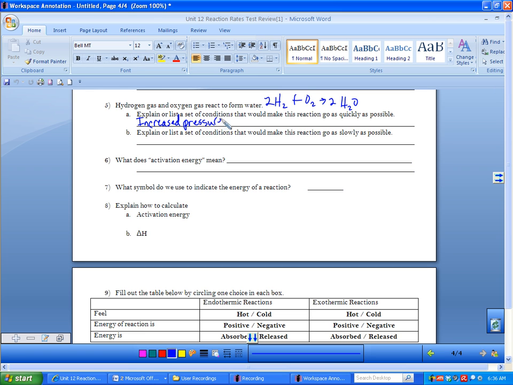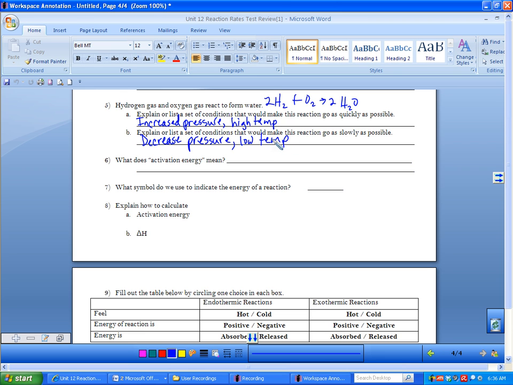That would be one thing you could do. You could increase the temperature. I want it to go as slow as possible. I'm going to decrease the pressure. And I would lower the temperature.